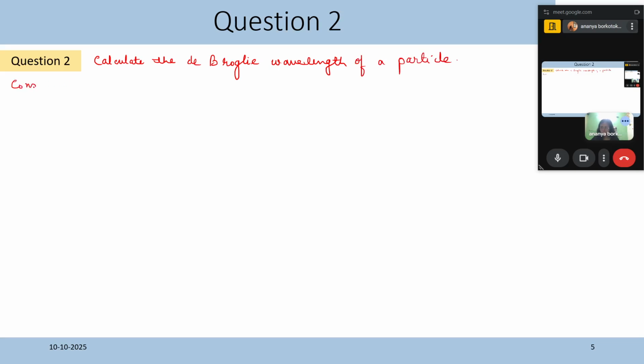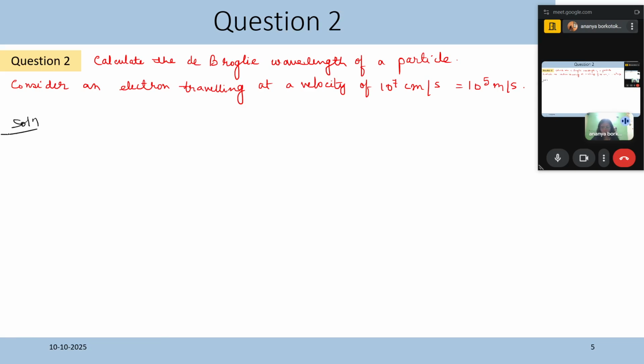Consider an electron traveling at a velocity of 10 to the power 7 centimeter per second. So this is equal to 10 to the power 5 meter per second. Okay, so let's solve it.